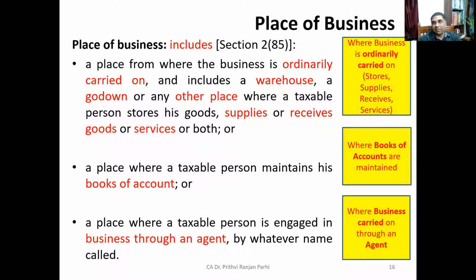You can easily identify that a person where from his business is ordinarily carried out. Then one more thing, or a place where the taxable person maintains his books of account. So the place where books of accounts are maintained also plays an important role here. Place of business also includes that.